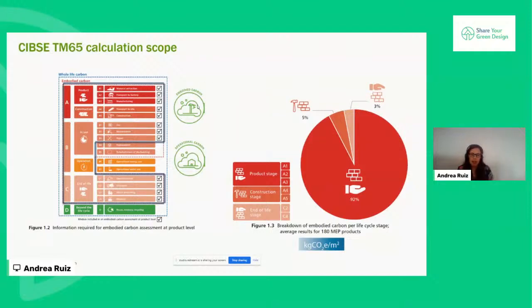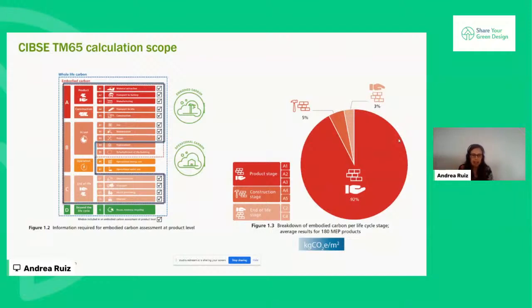So I do want to highlight another image from the guide, which is over here on the right, that explains how the first part of the calculation includes the majority of the embodied carbon. So it is mainly about identifying what that product is, what are the materials within it, and that can definitely lead to what the final whole life carbon of the MEP services will be.